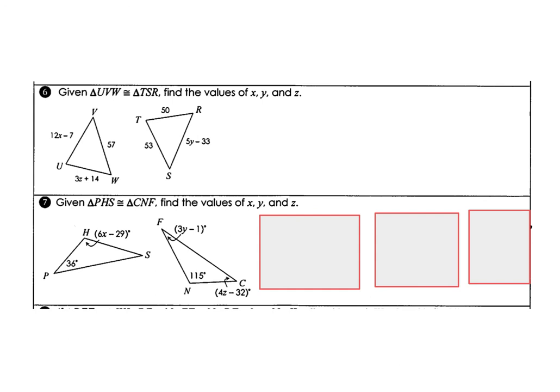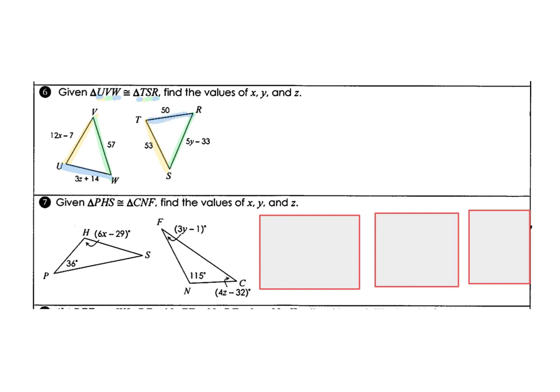In this case, I'm talking about sides. So that means the side UV should be congruent to the side TS. The side VW should be congruent to the side SR. And the side UW should be congruent to the side TR.